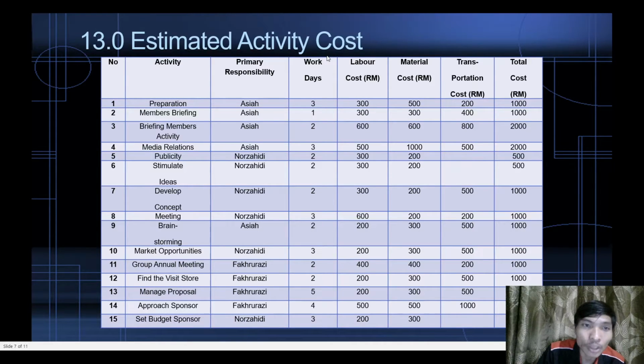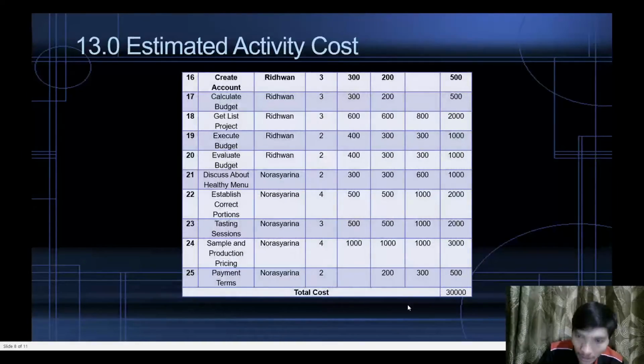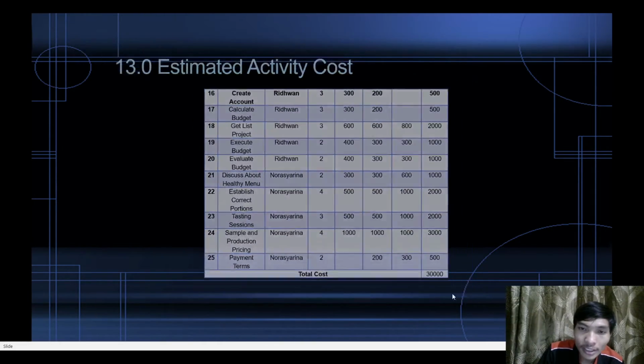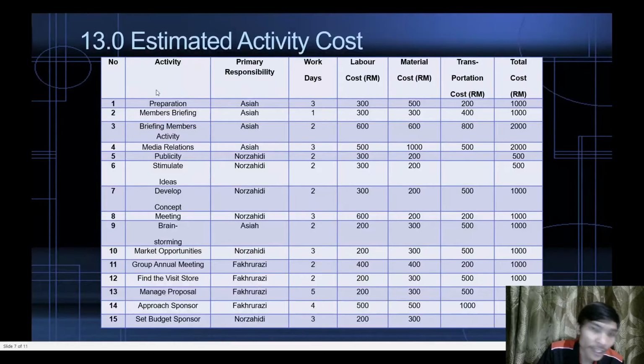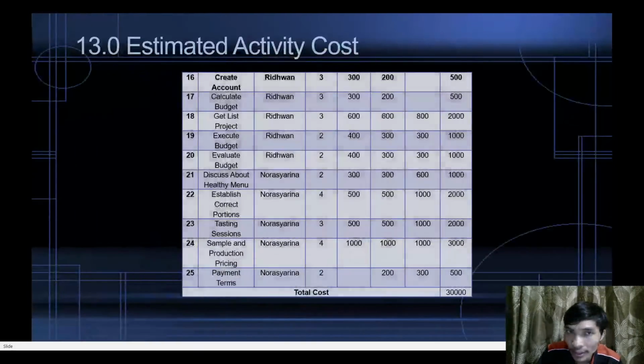Estimate activity cost. For the estimate activity cost, the total estimate activity cost is 30,000. I already managed the activities, which get the resources, which are labor cost, material cost, and transportation. The weekdays were already told in the develop project schedule.